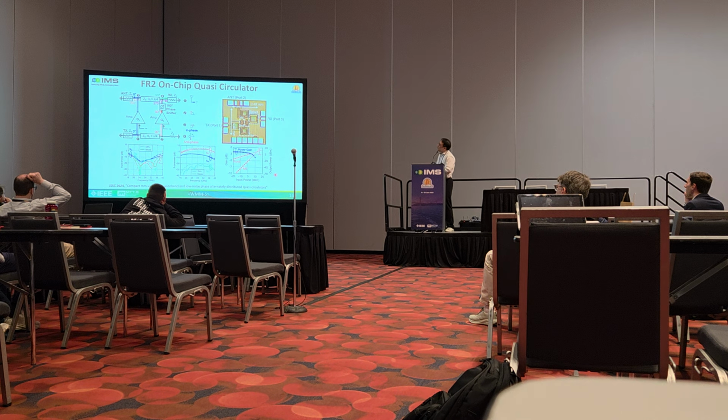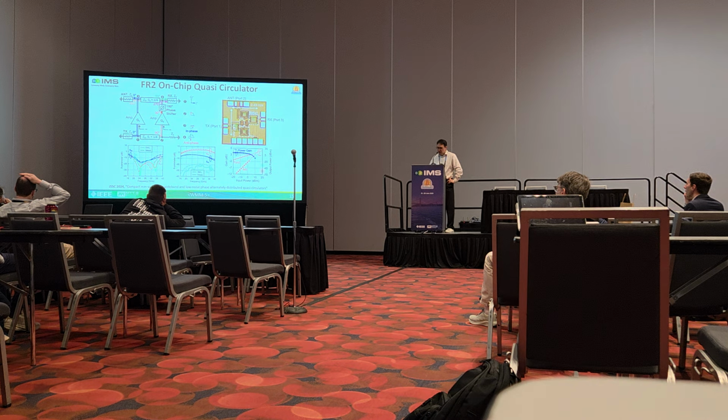This is another on-chip circulator to achieve isolation between TX and RX. This is based on a distributed amplifier. Generally, in a distributed amplifier, if you have input here, your output is going to be here, and you will achieve isolation at this point. In this case, we use a 180 degree phase shift. By doing that, TX output is achieved at this port, and there's another RX port here.